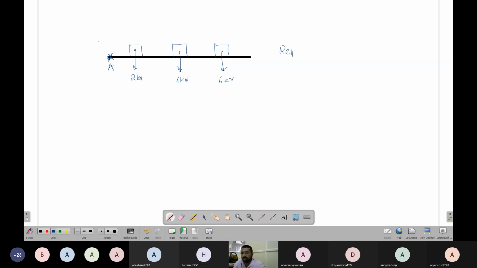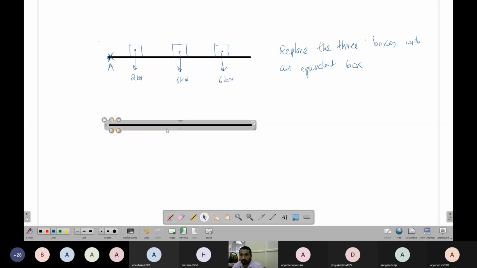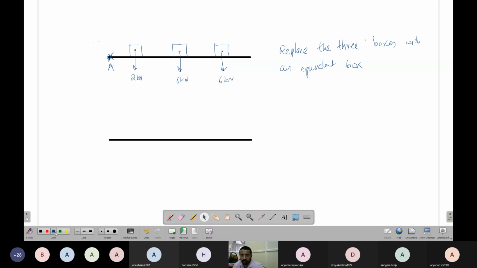So you have to replace these three boxes with an equivalent box. അതായത് ഇതിന് പകരം എനിക്ക് ഈ 3 ബോക്സിന് പകരം I have to keep one box, one big box somewhere, I don't know where it is, some big box of some weight.